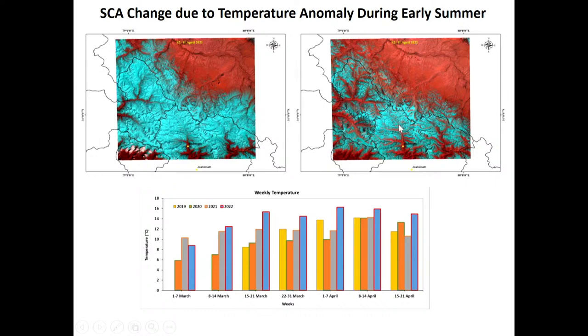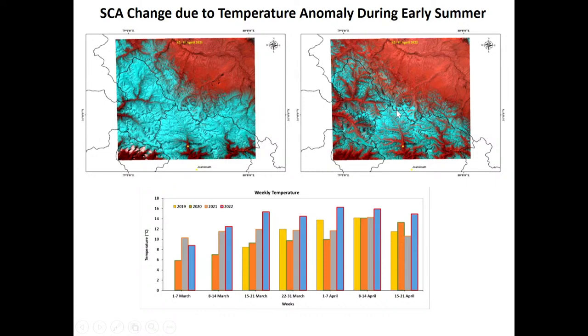You can see here there was a sudden increase in temperature this year from mid-March onwards, and the temperature was high compared to previous years. So the melting started early this year.